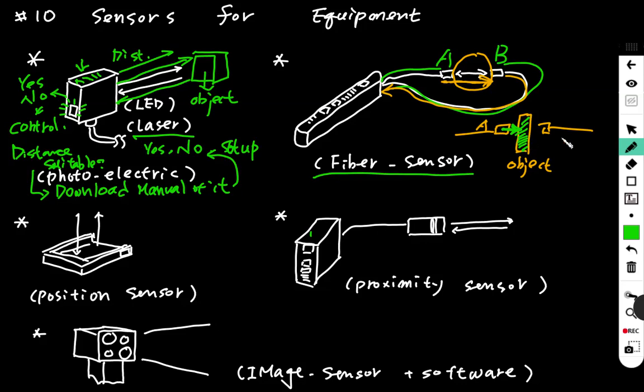So fiber B cannot receive the signal, and fiber B can tell the control center there is something between us.